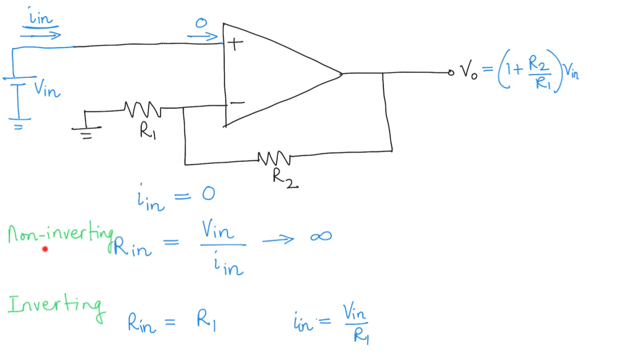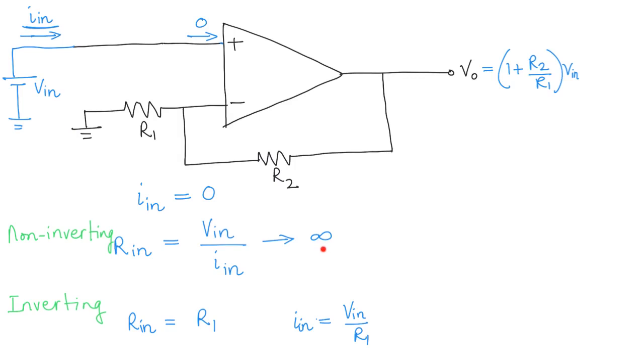So in the non-inverting case, the power supply has to give almost no current, while in the inverting case, a significant amount of current needs to be supplied by the power supply. So some power is going to be drawn out of the power supply so that the amplifier would work in the inverting case.